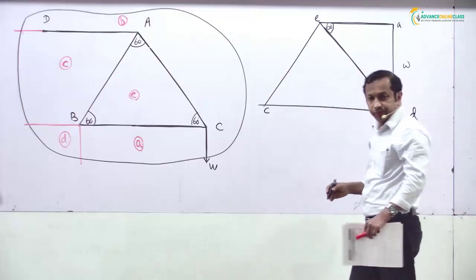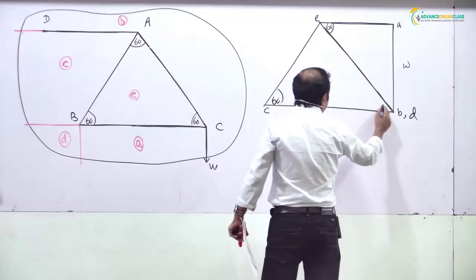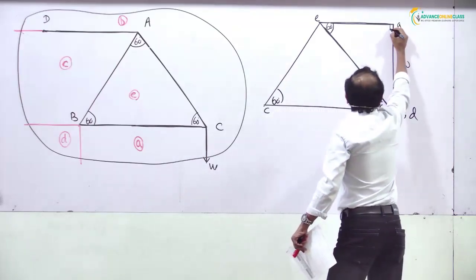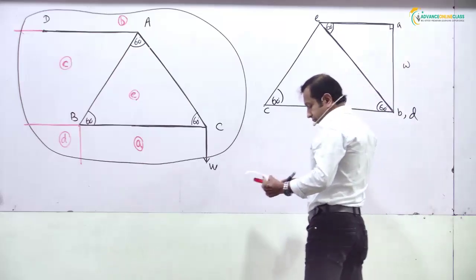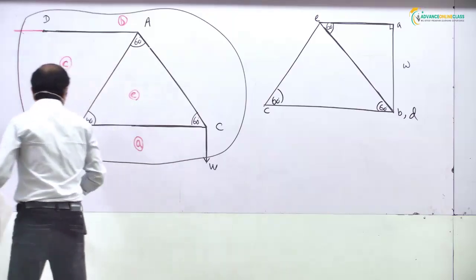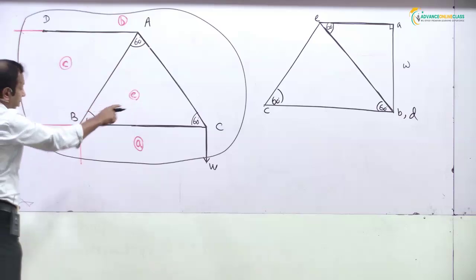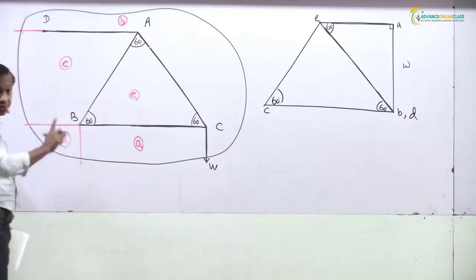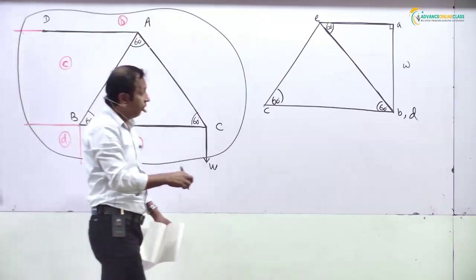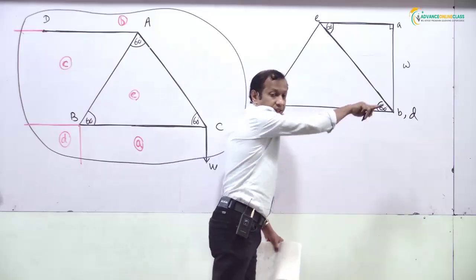60 here. 60 here. We get this. Okay. Then by CD we get this horizontal component. You can see CD going this way, no?